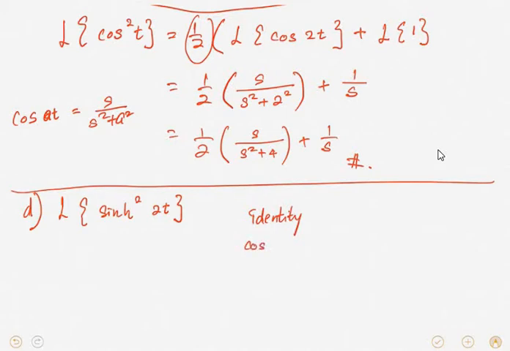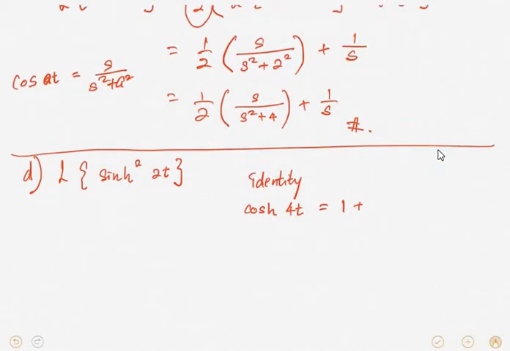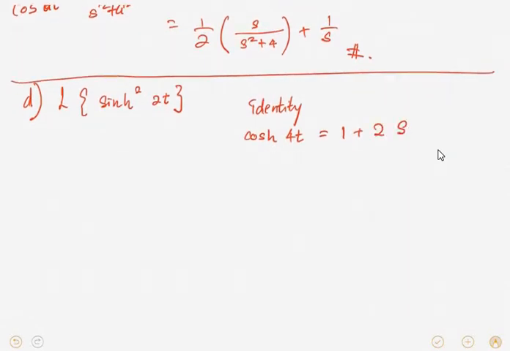Again, cos 4t equals 1 plus 2 sinh square 2t. So if you want to get sinh square 2t, we rearrange: cos 4t minus 1, divided by 2.